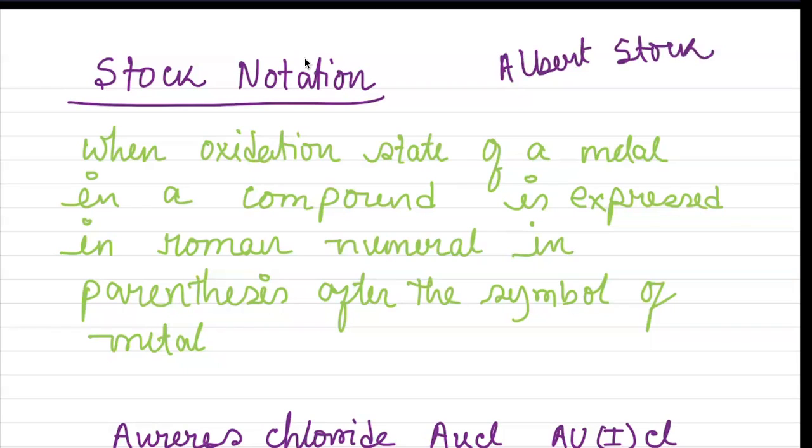When the oxidation state of a metal in a compound is expressed in a Roman numeral, in parentheses after the symbol of the metal, that is known as Stock notation.